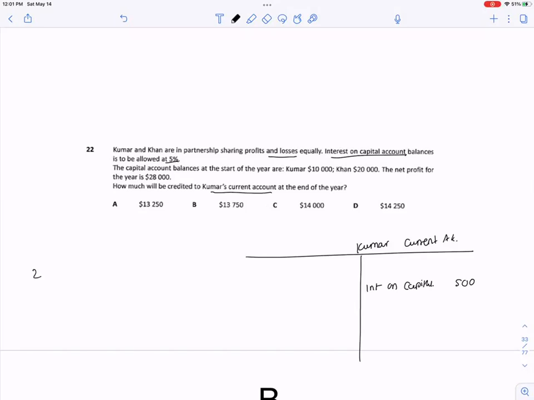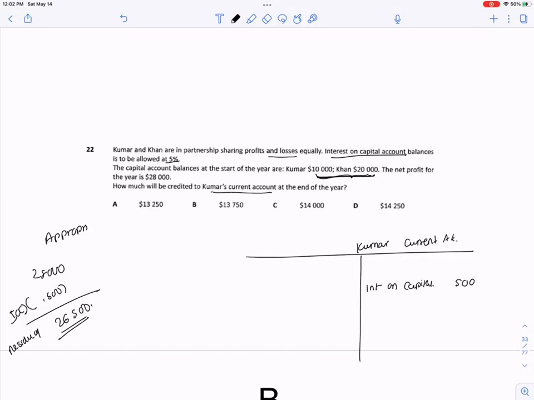Net profit for the year is 28,000. From that, you will minus interest on capital. No, this is the appropriation account I'm preparing. So total it's 1,500, 5% of 30,000. What is the residual profit? 26,500 is the residual profit.